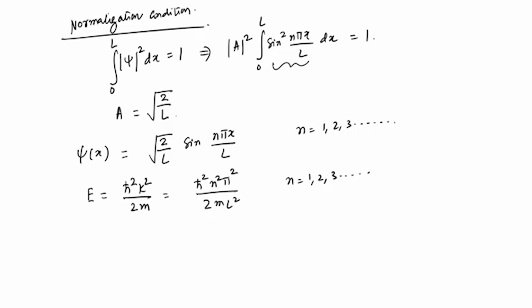So, if you confine a particle more and more, the energy levels become more and more discernible, identifiable, because the distance between the successive energy levels increases.